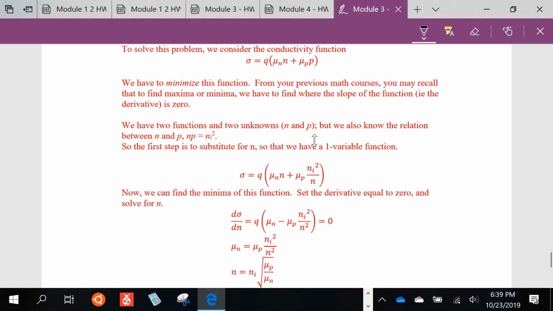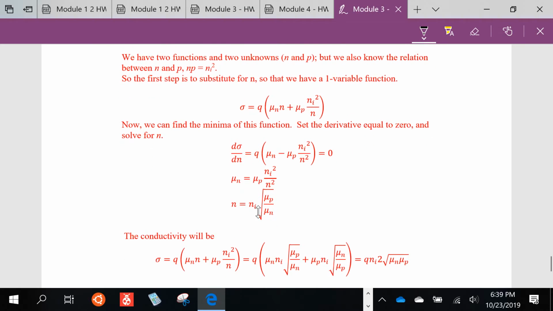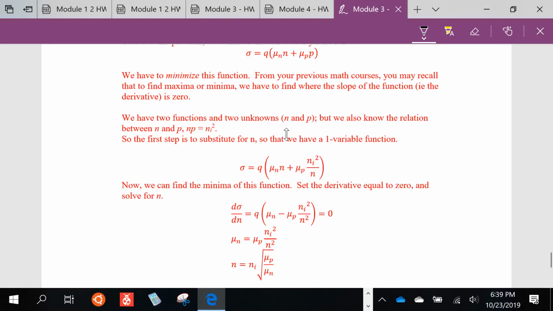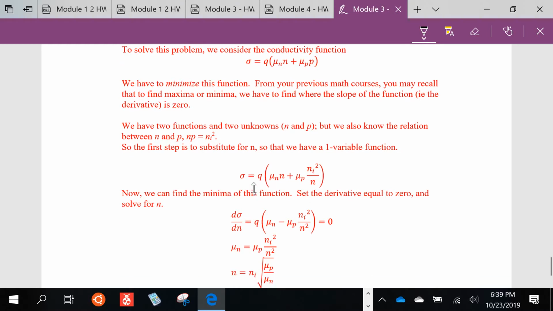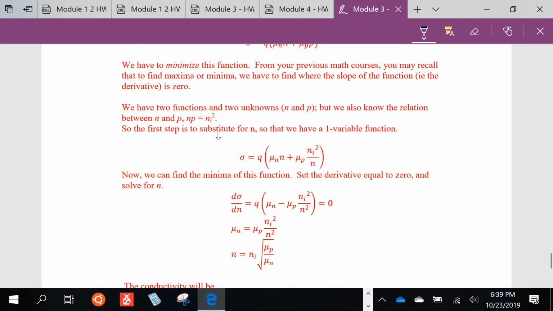So these are two equations with two unknowns. n p equals ni squared is the second equation. So what you're doing is plugging in np equals ni squared into your conductivity equation.